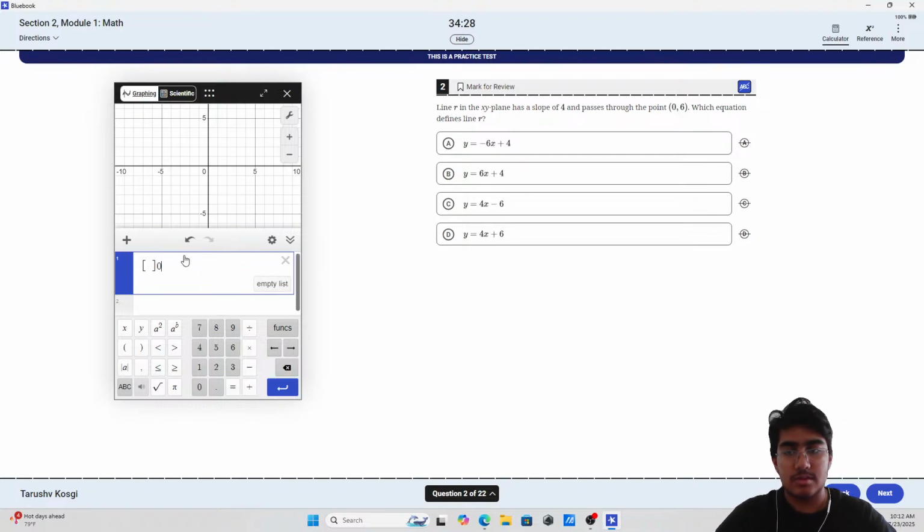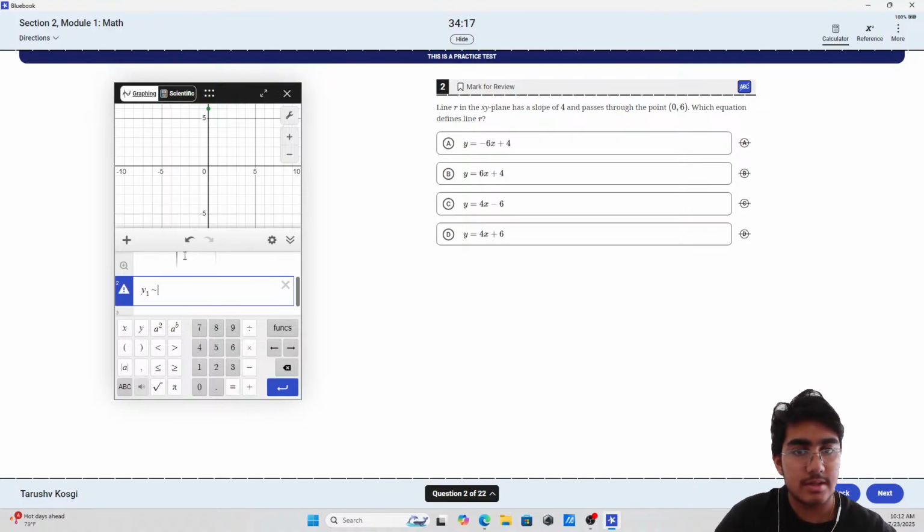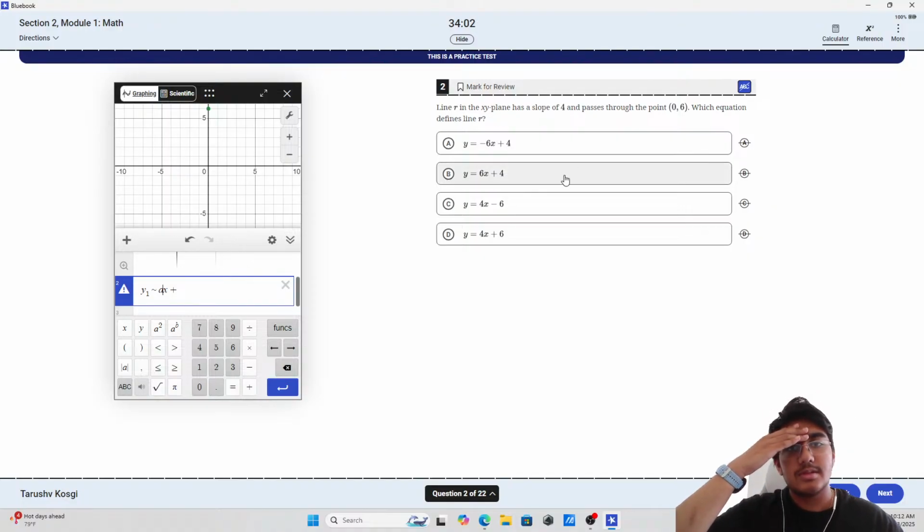Okay, so table x1 0, y1 6, and then we got y1 to ax plus, okay. Simple slope form thing. Very simple.